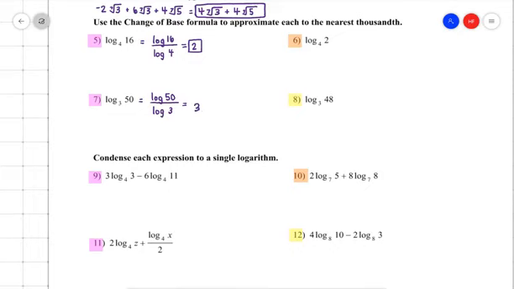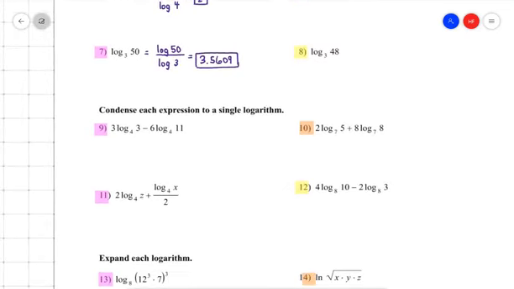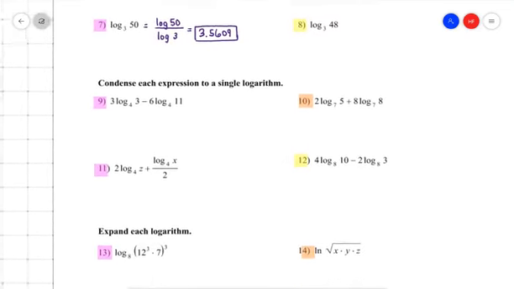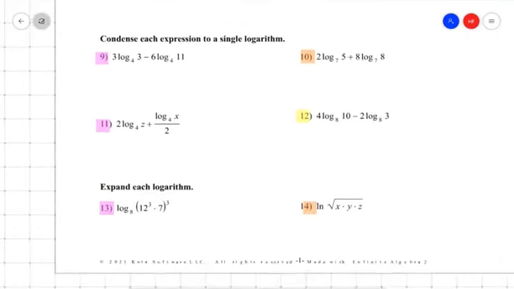And we get 3.561. So then that would be our approximation for log base 3 of 50. And then number 6 will be on video number 2.